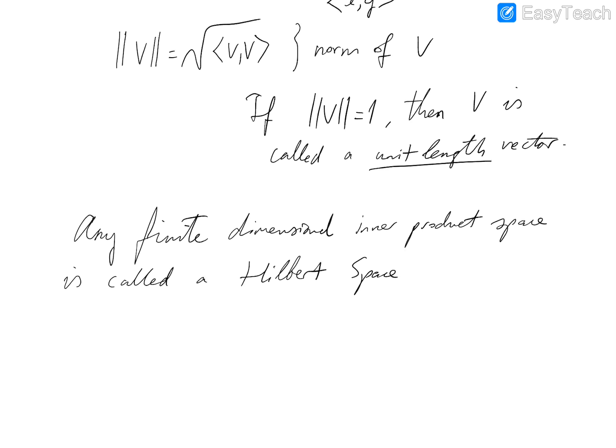But in fact, Hilbert spaces are more than this. An infinite space could also be called a Hilbert space as long as it satisfies some completeness property. I'm not going to mention it here, but it's in the lecture notes. But since we are only dealing with finite dimensional vector spaces, a Hilbert space can be thought of as a finite dimensional inner product space. Okay. All right.